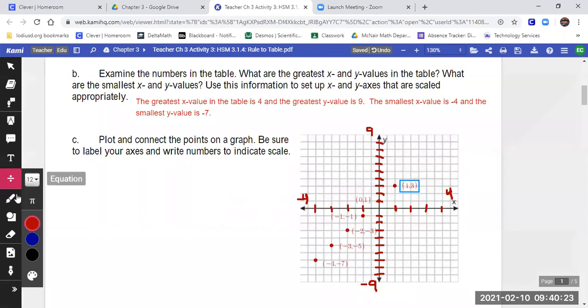Then what? (2, 5). Then what? (3, 7). Let me get this guy lined up. (3, 7).